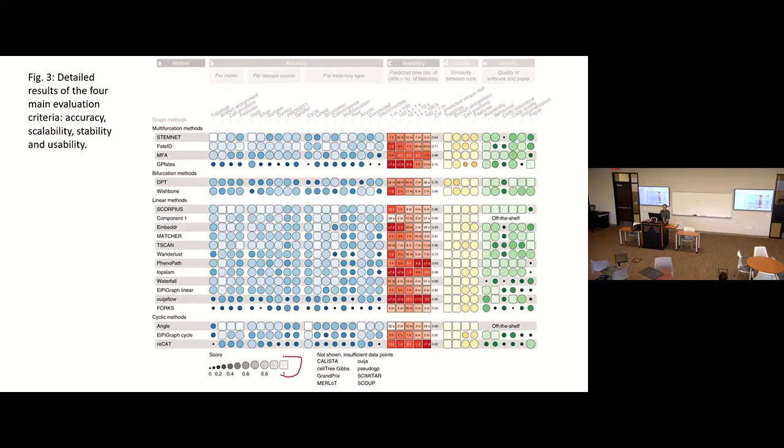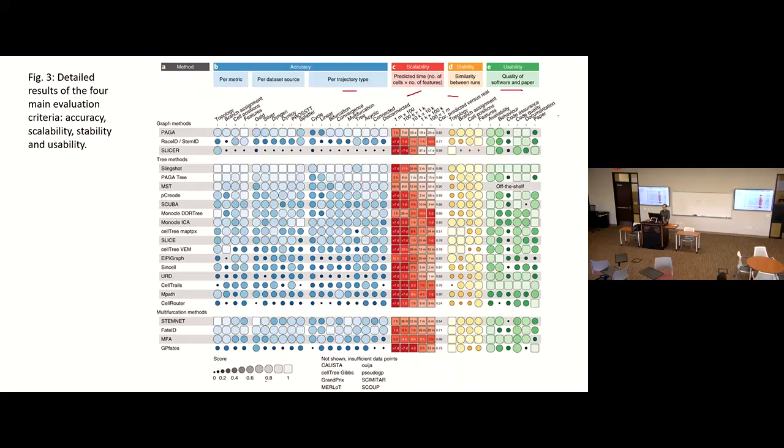So this should be the best, I believe. I don't know which one. Let's see Monaco. So the Monaco ICA, this is Monaco 1. So this should be Monaco 2 based on the DDR tree.